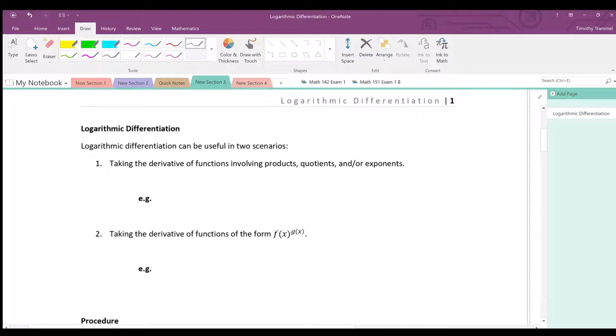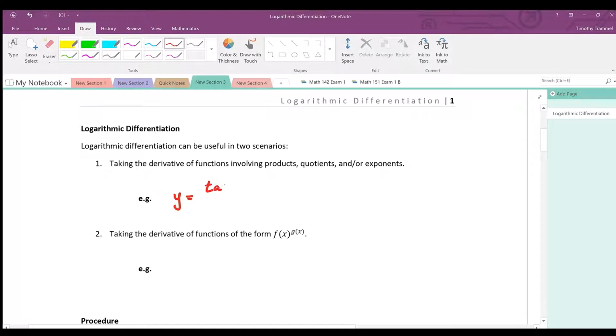One of the places is if we have a function that has maybe multiple products, quotients, or maybe functions raised to powers. So in other words, it would be a mess of maybe the product rule, quotient rule, and maybe another product rule in there. Okay. And here's an example.